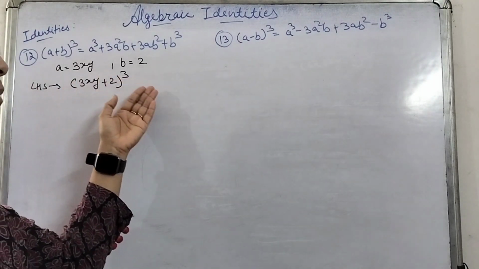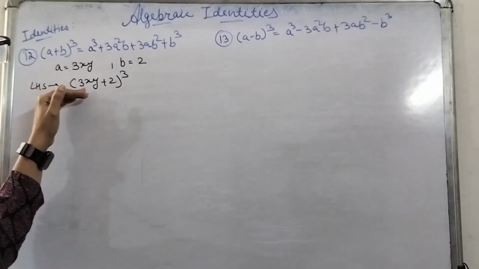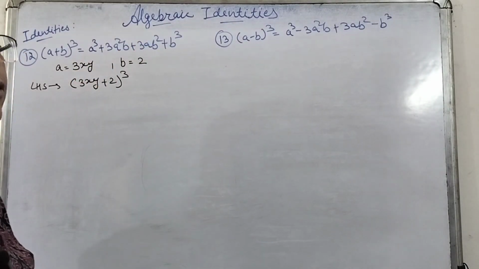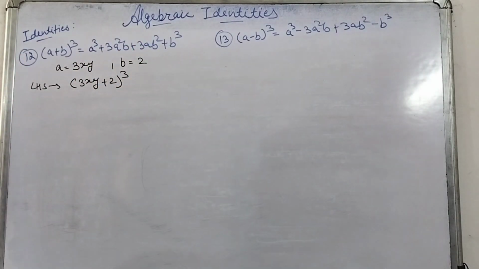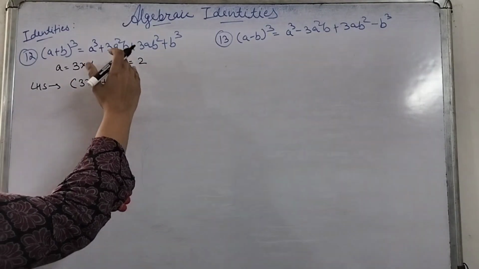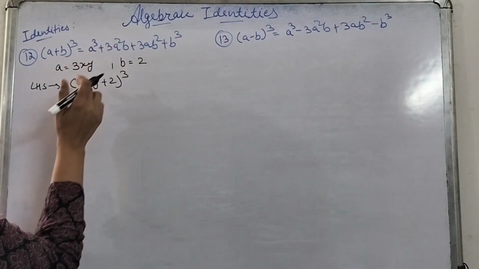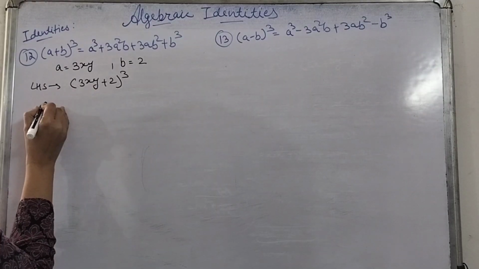Cube means we would multiply it 3 times. Instead of multiplying it 3 times directly, we can use the identity and get the same answer. This is a shortcut method using algebraic identities. Now let's see what the answer will be.